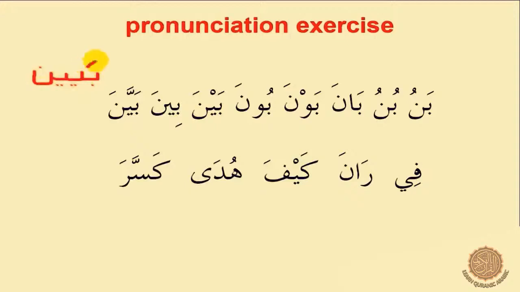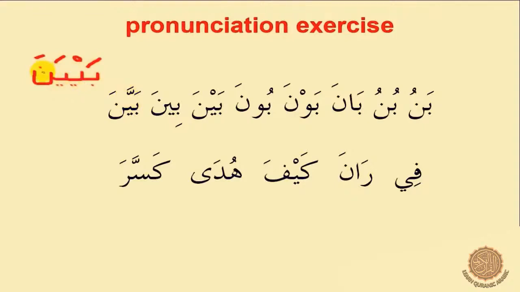So, bay, ya, na. So when there's a shadda, there's a double letter. The first letter has a sukun, and the second has the harakah that it has, which is here the fatha. So, bayyana.